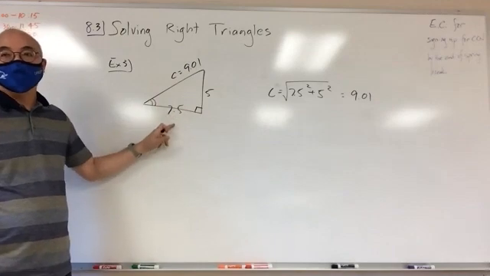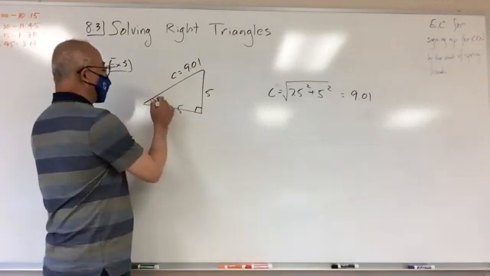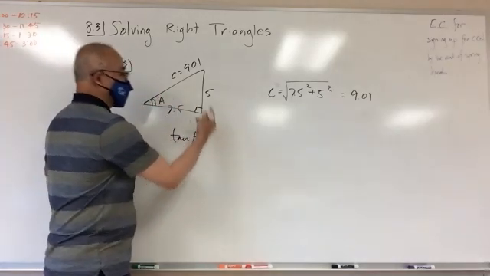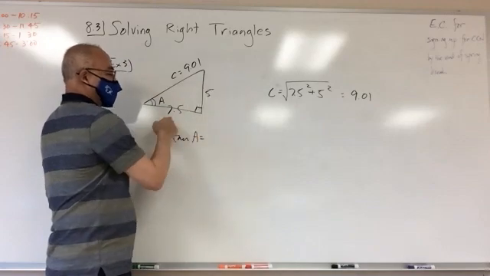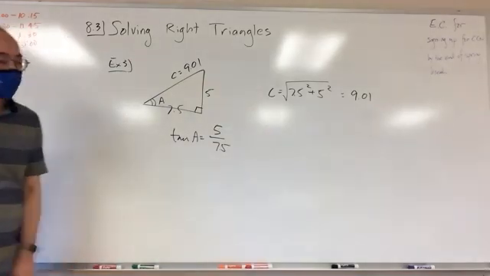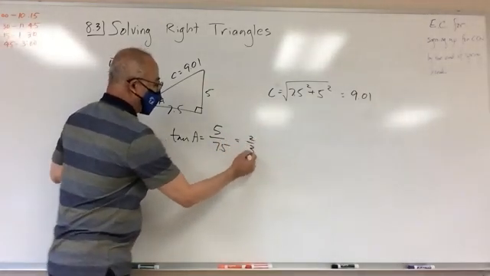So I know that the tangent of, we'll call this A, the tangent of A is equal to the opposite over the adjacent, 5 over 7.5, which is 2 over 3.